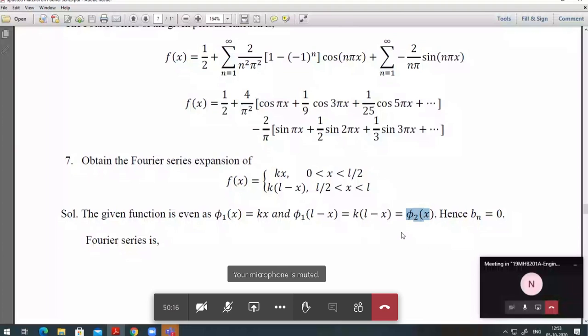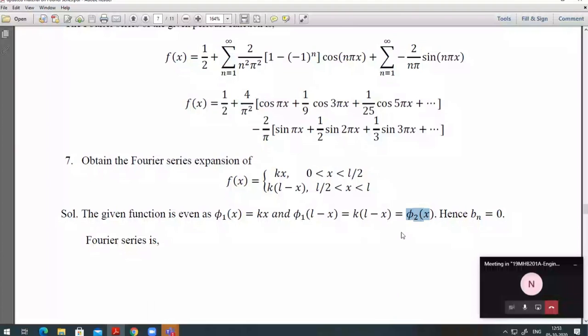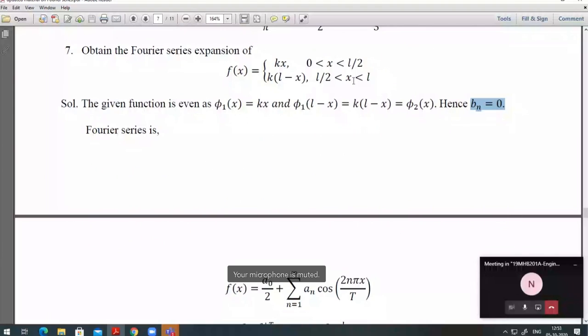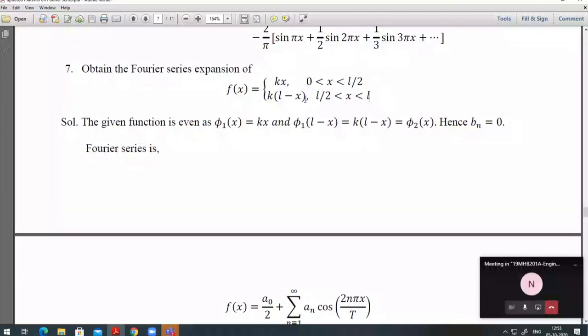You will get 2 by L, and according to this you have to integrate from 0 to L by 2 and L by 2 to L. You have to split that 0 to L into two integrals, 0 to L by 2 plus L by 2 to L, and take the corresponding function and integrate.